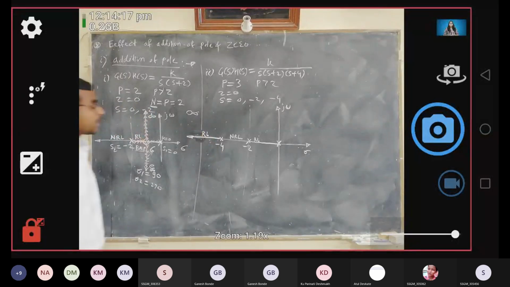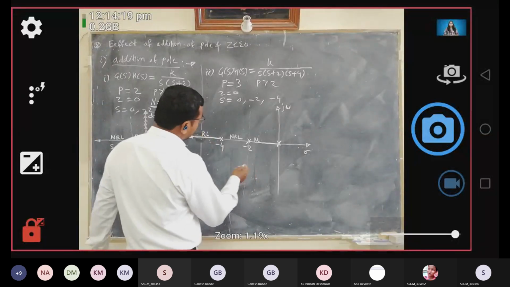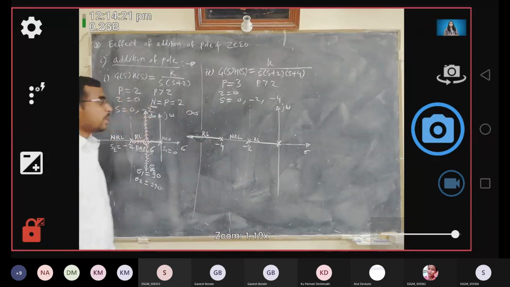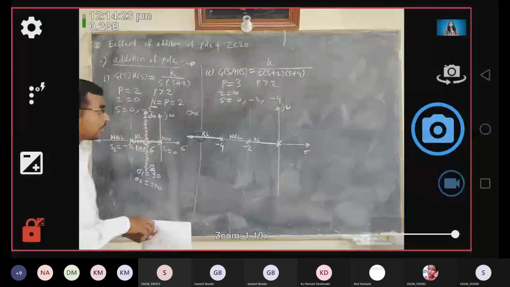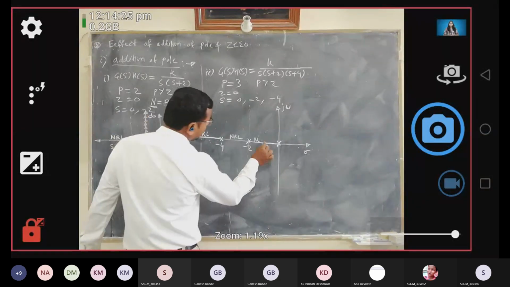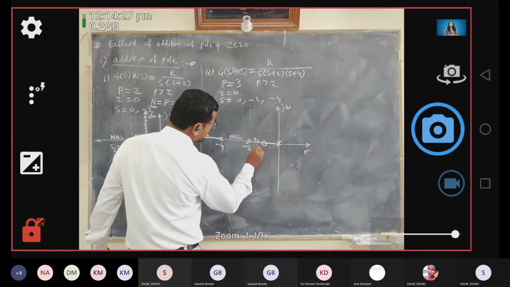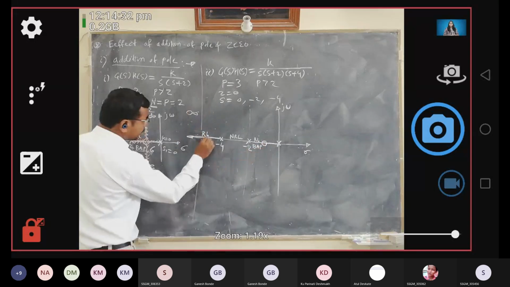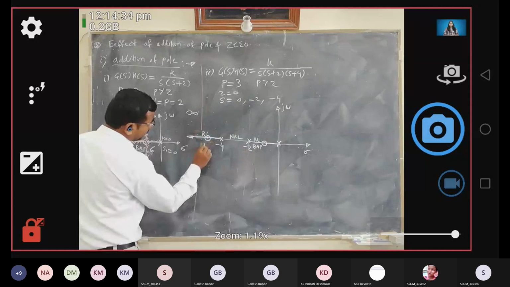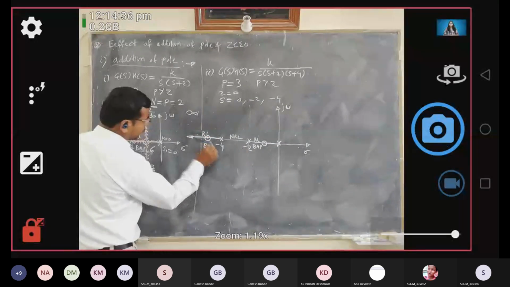So this will be the second step. Then identification of breakaway point and break-in point. Here is the existence of one breakaway point, and here is the existence of one break-in point.